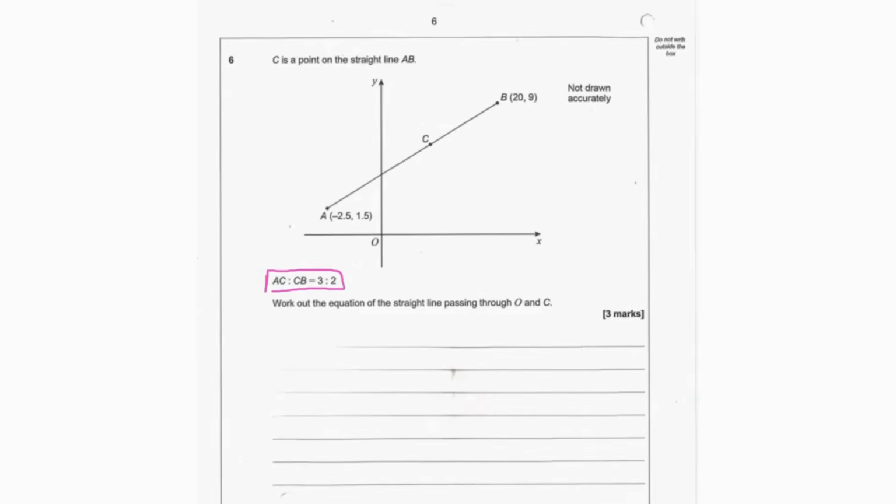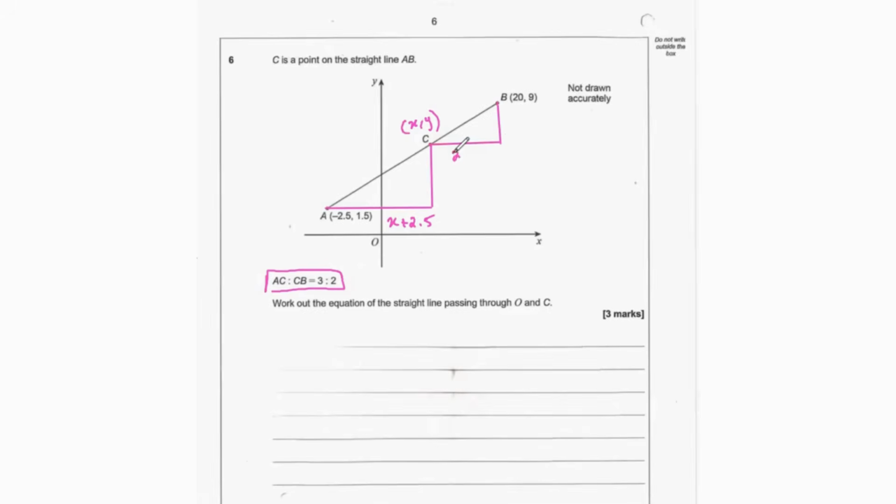We know that if we draw a line over here like this, and if we draw another one like this. So the coordinates of C are x and y. This distance is going to be x plus 2.5 because this is a coordinate of negative 2.5 over here. So this is 2.5 and this is x. This all is 20.